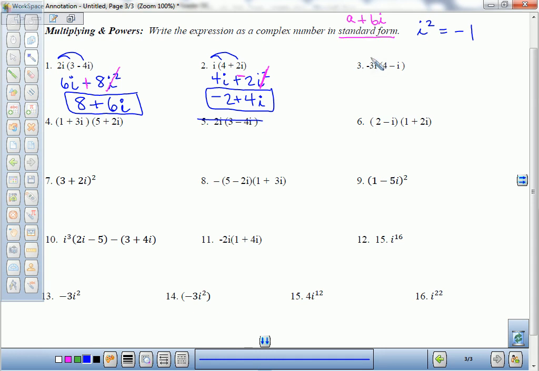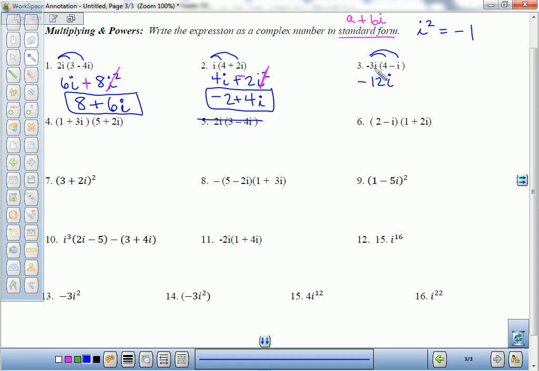All right, number 3. We're going to distribute here. So we do negative 3i times the 4 is negative 12i. So negative 3 times the 4, that's where the negative 12 comes from.